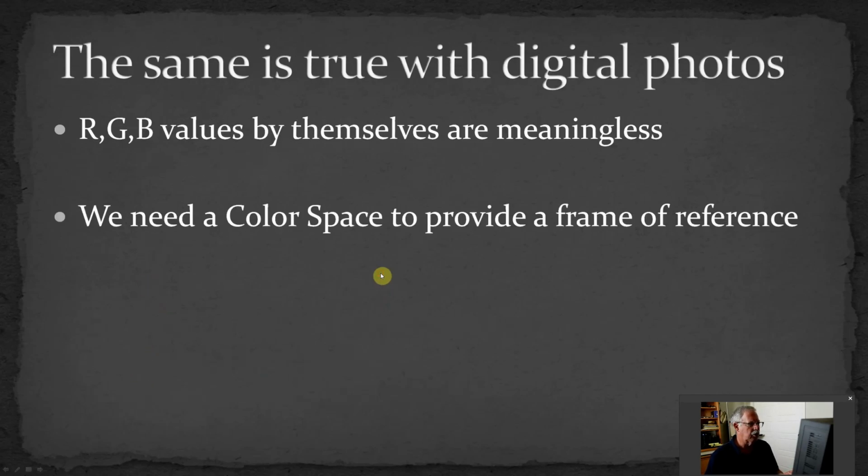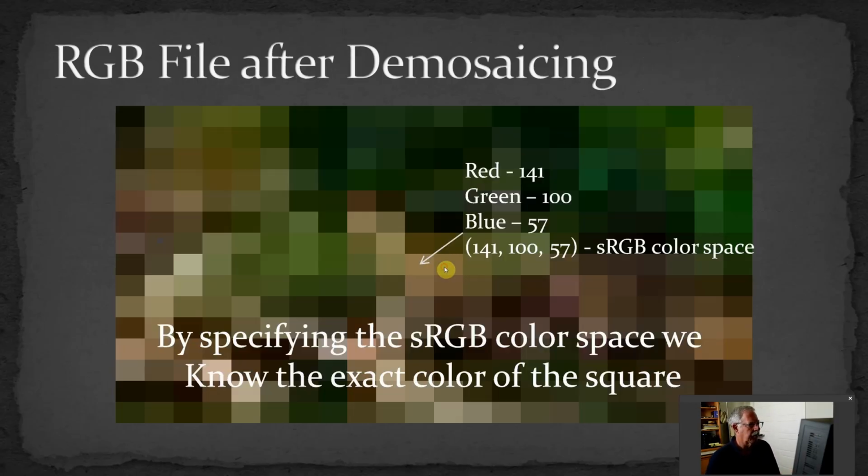And the same is true with color. RGB values by themselves are meaningless without a frame of reference. And the frame of reference is called a color space. What the color space does is tell us how those individual values relate to known defined colors or standard colors.